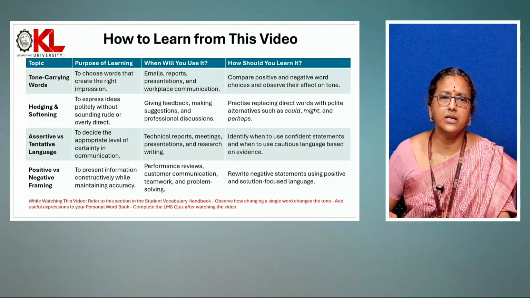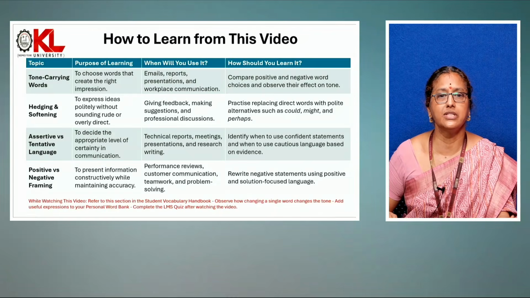Why should we learn tone carrying words? To choose words that create right impression. And when will we use them? We use them in emails, reports, presentations, and workplace communications. How should you learn it? Compare positive and negative word choices and observe their effect on tone.